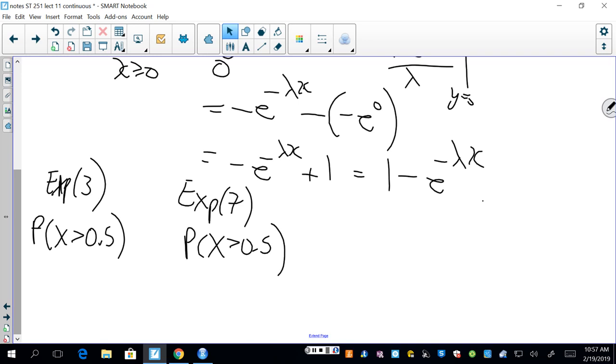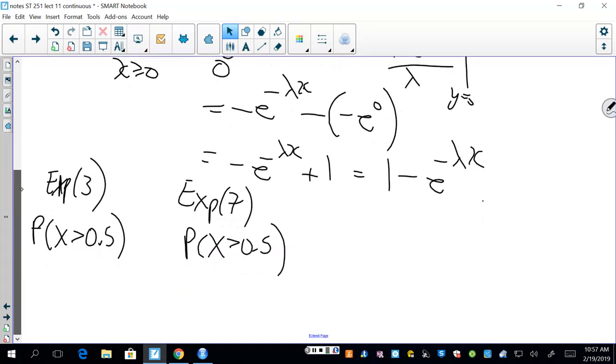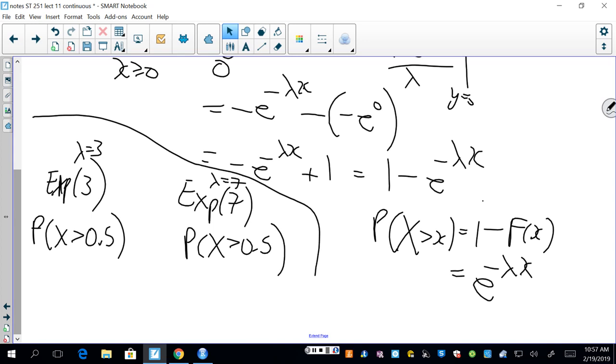For these two things, well, before answering, we have the cumulative; the probability that you're bigger than a value is 1 minus the cumulative. So for the exponential, it's just this simple e to the negative lambda x. So this 3 here is lambda. Which one of these two is more likely to be bigger than 0.5?